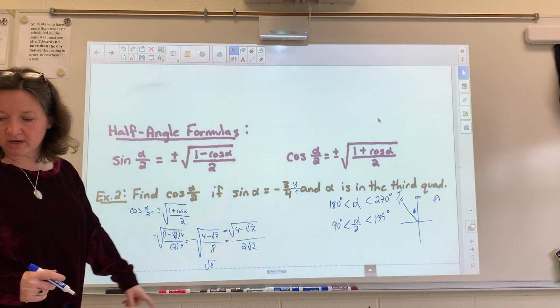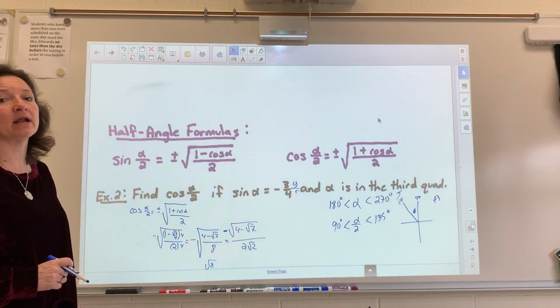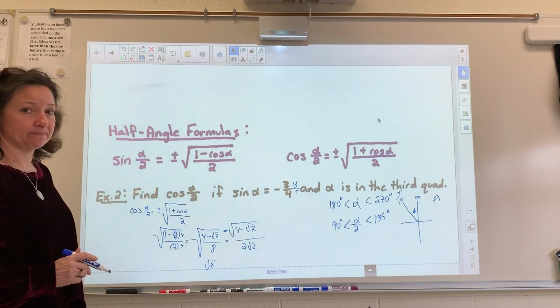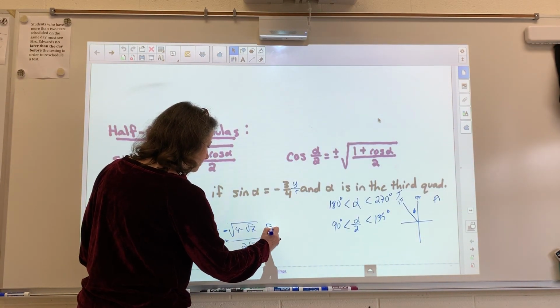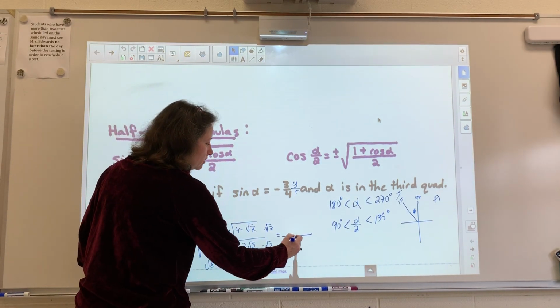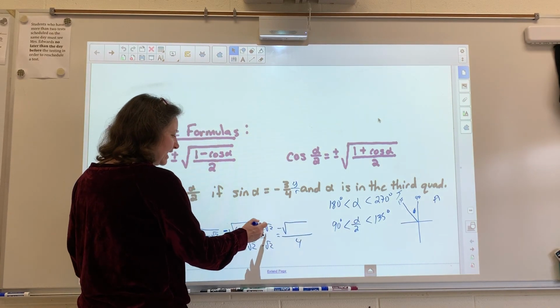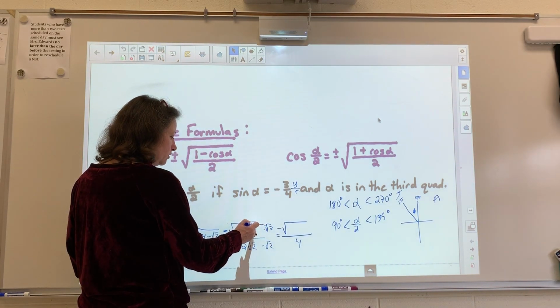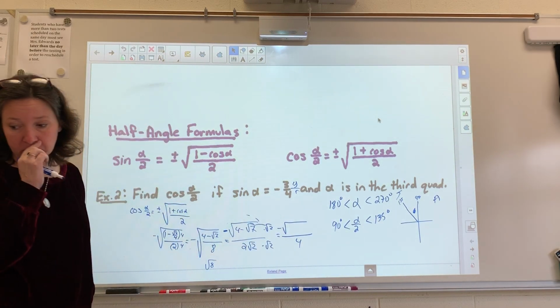Then they kept going because what's wrong with this answer? You can't have a radical on the bottom. How do I fix that? I multiply bottom and top by root 2. The bottom's easy. What's 2 root 2 times root 2? It's going to be 4. Top is negative square root of. Can I distribute root 2 into this square root since they're all square roots?